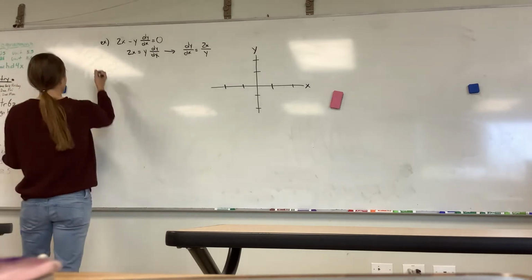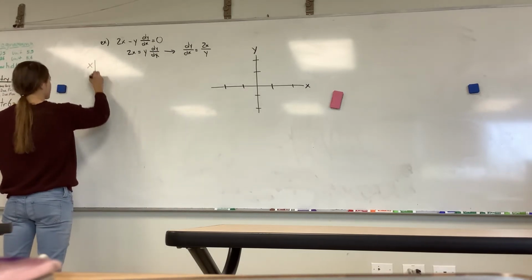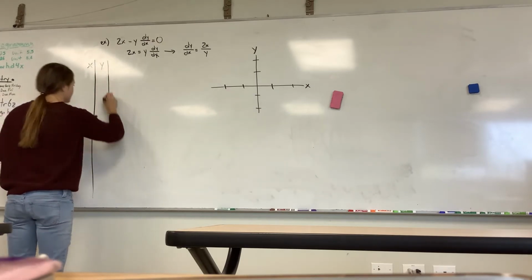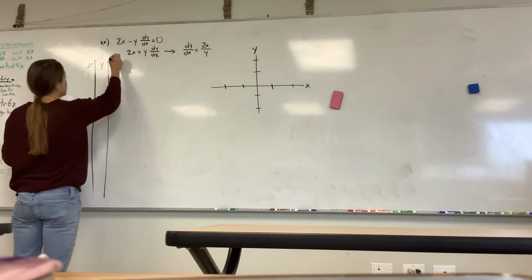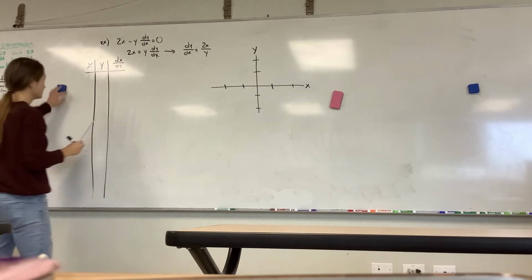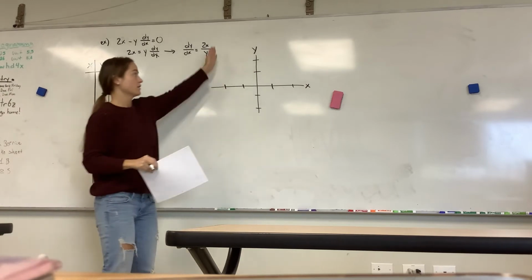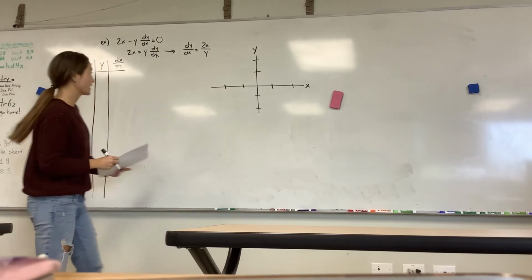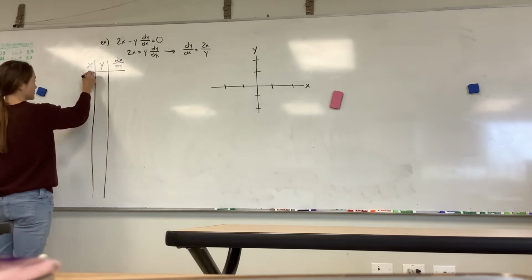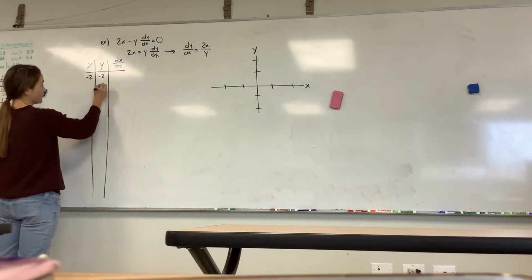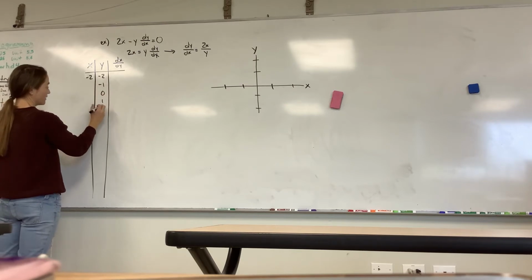Okay, so if I have x, y, and then what I'm looking for, which is dy/dx. Let's go ahead and start with x being -2, and I'm going to do all my y values for that. So if x is -2, I'm going to have a y of -2, a y of -1, a y of 0, y of 1, y of 2.